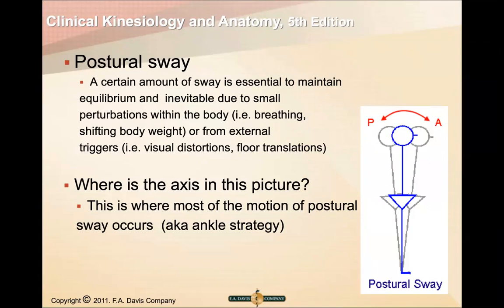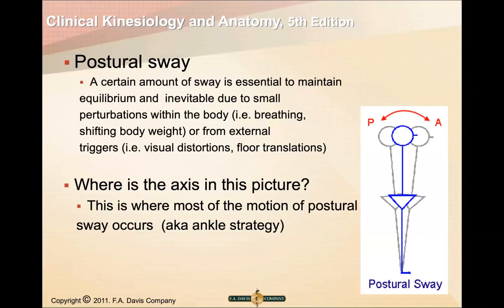Well, when the sway is too big for the ankle to take control of, then we go to our hips and we call it the hip strategy. And in that case, you can probably imagine this, you would sway at your hips. You might sway from side to side a little bit, or bend your hips, or extend your hips, or side bend, but eventually you keep your balance again. And that's all without taking a step. That's called the hip strategy.